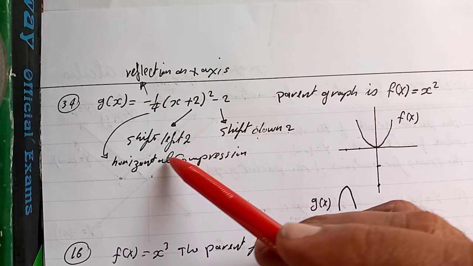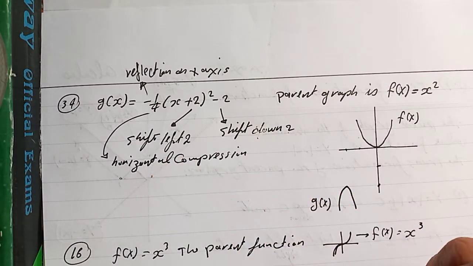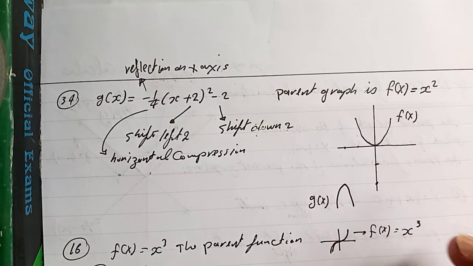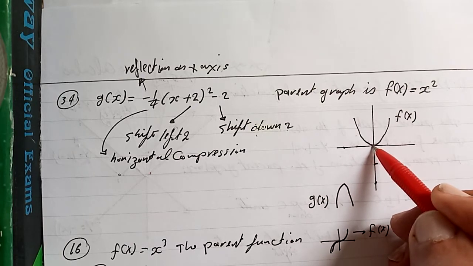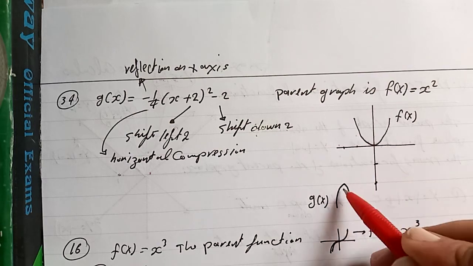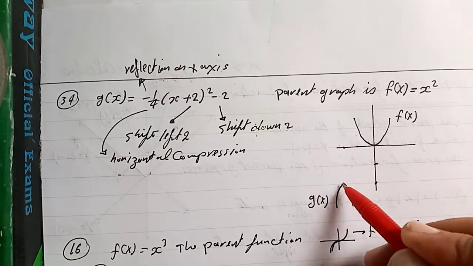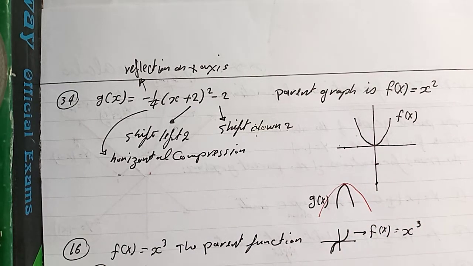Horizontal compression means a widening. It will be much wider. So g(x) will be here, meaning you go to the left 2 and go down 2, and then this will be the vertex, and open the curve like this, because it will be much wider.